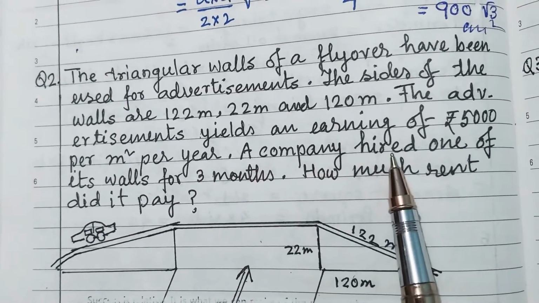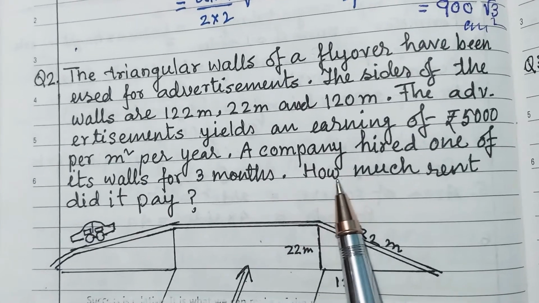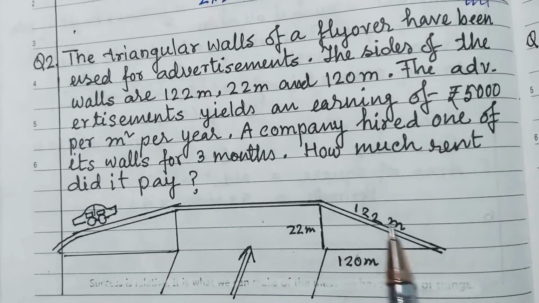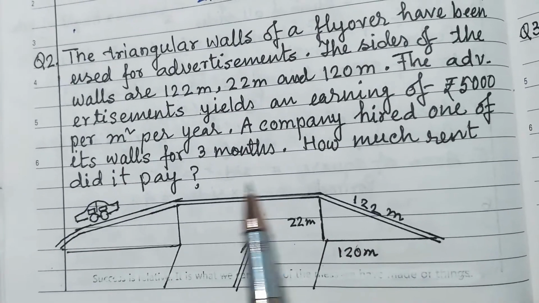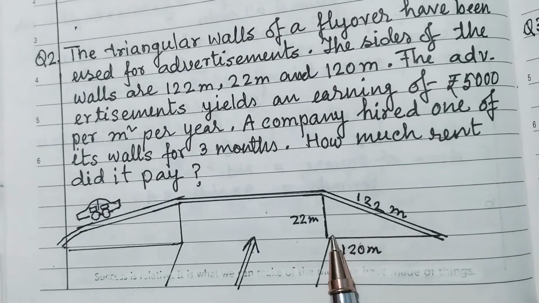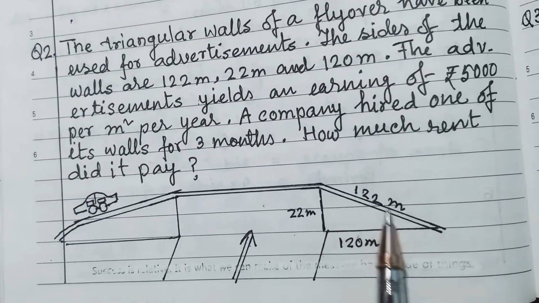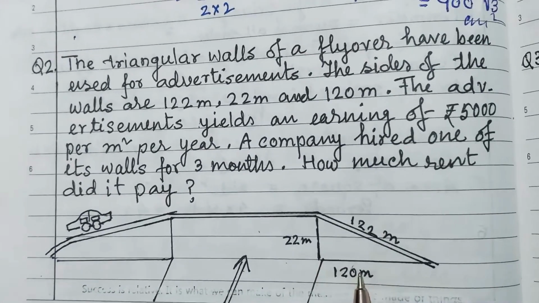A company hired one of its walls for 3 months. How much rent did it pay? This is the highway and on two sides it is the overbridge. Two sides it is a triangular wall, not field. Three sides' measurements are given.